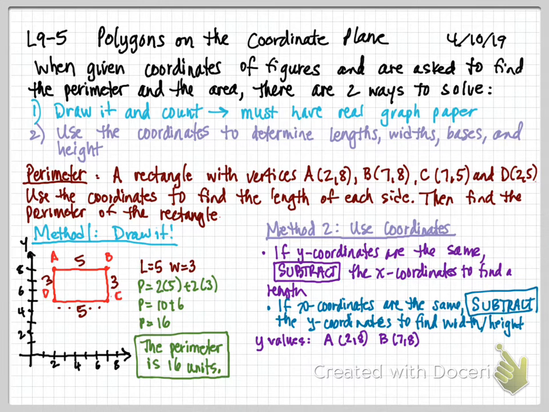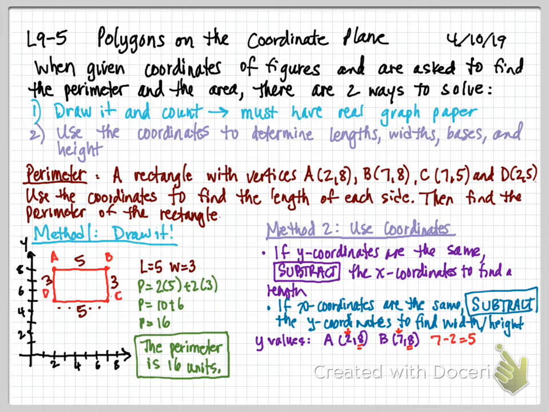According to our directions, if the y coordinates are the same, we're going to subtract the x coordinates. Because we have matching y's, we're going to take the x's and subtract them. So I'm going to get 7 take away 2 equals 5.